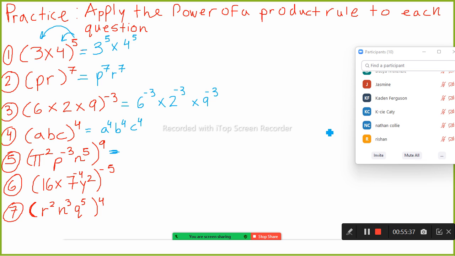Can you help me with number 5, please? I could try. Okay, no problem.